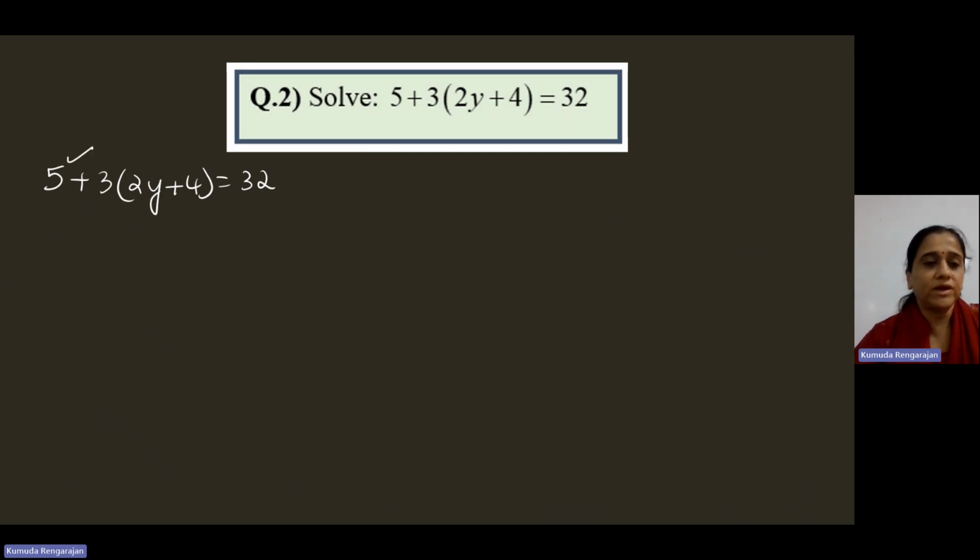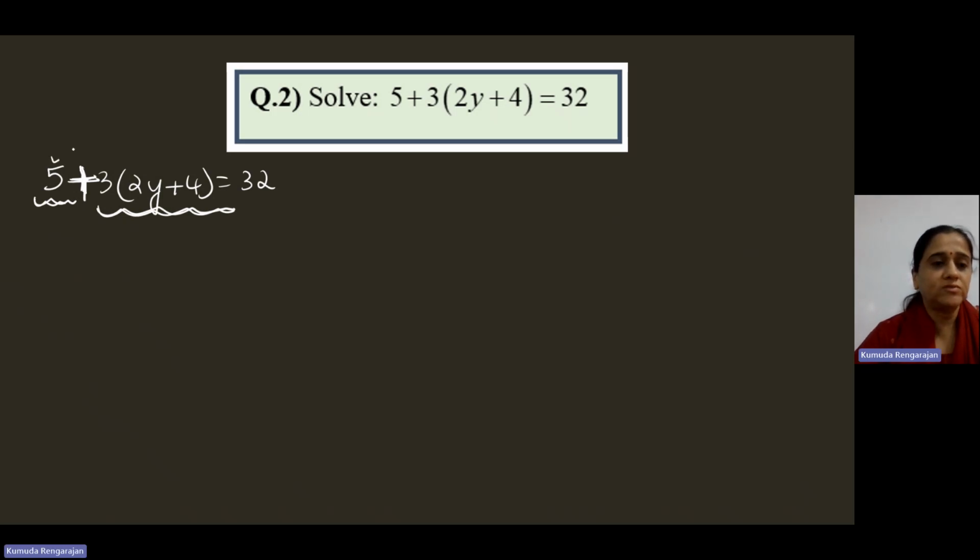So we have to take 5, 3, 2 and 4 to the right hand side. And how do we look at this equation? On the left hand side, we have 5 and this expression connected by the plus sign, is equal to 32.